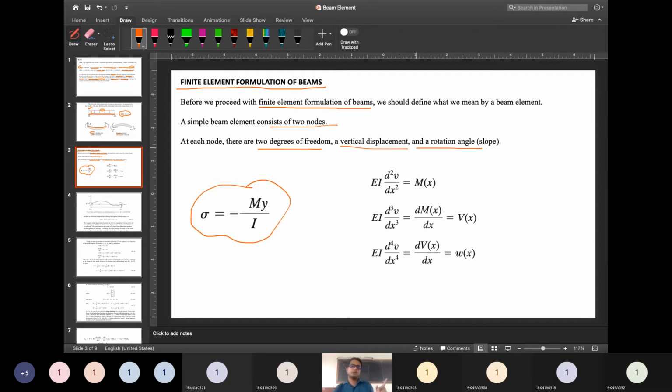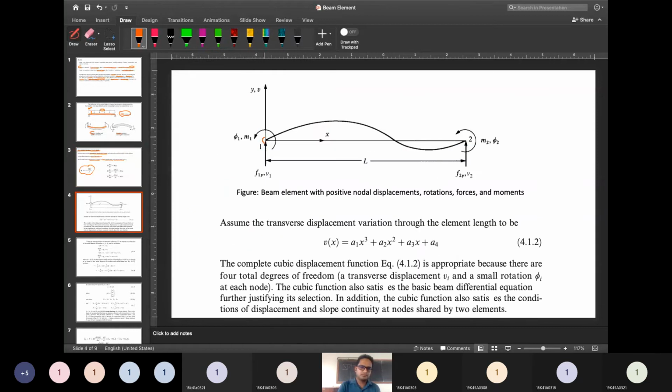In the truss, we had 2 degrees of freedom, one along the axis of the element and another perpendicular to it. But here, at each node, this is node number 1 and this is node number 2, we are considering 2 degrees of freedom.